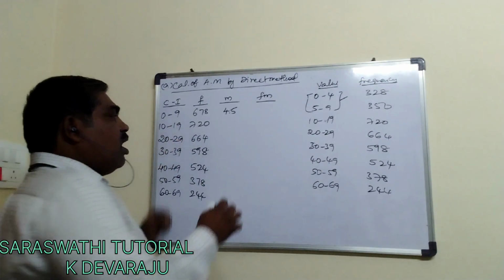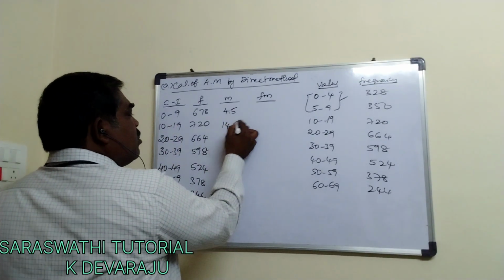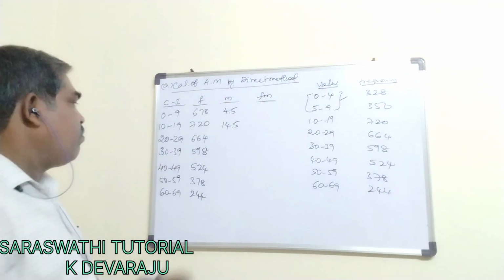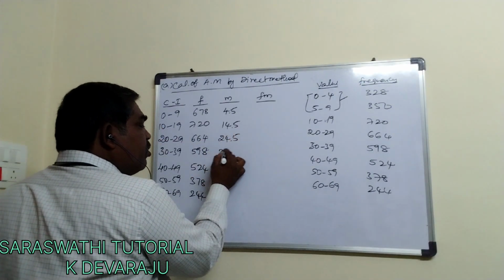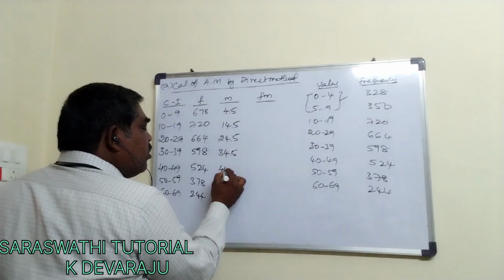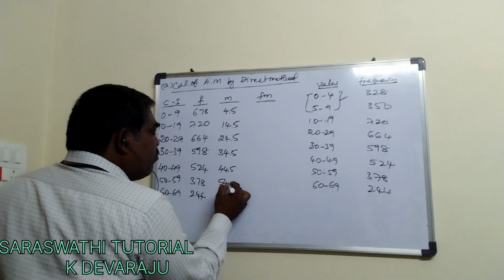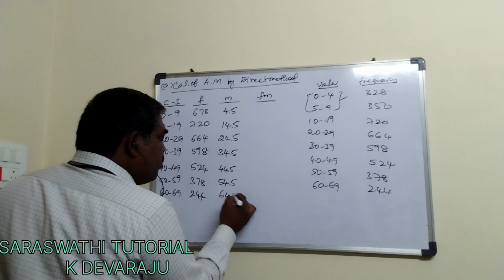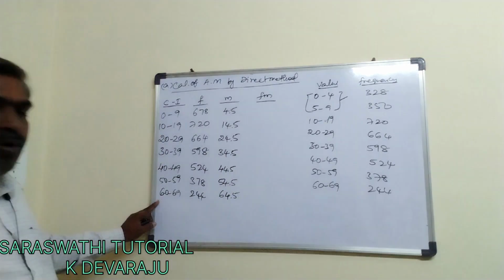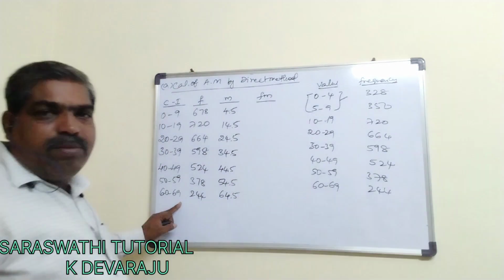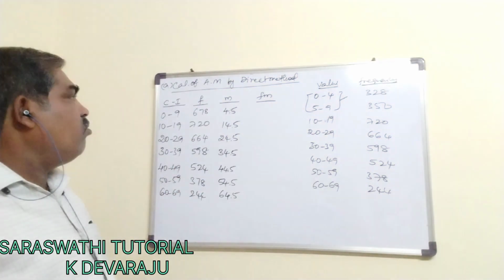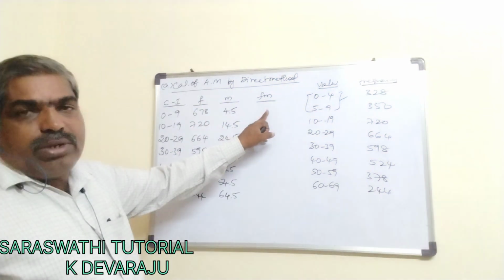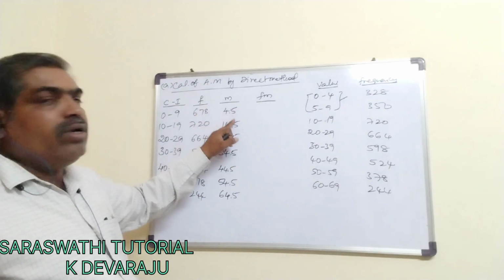Then 10 plus 19 by 2 is 14.5. 20 plus 29 by 2 is 24.5, then 34.5, 44.5, 54.5, 64.5. So we add the lower limit plus upper limit divided by 2 and you will get these mid values. Now the formula is summation fm by n. We have to calculate f into m.